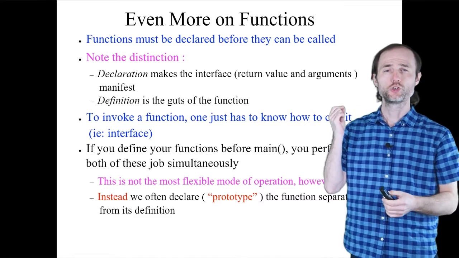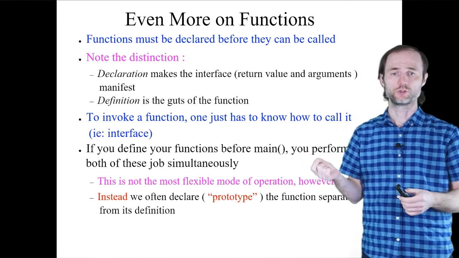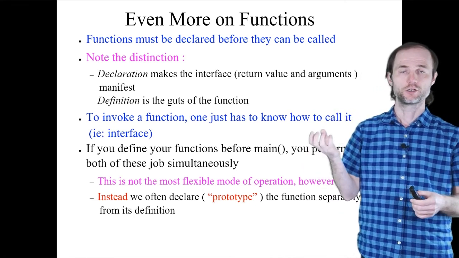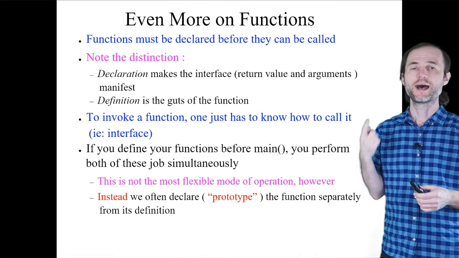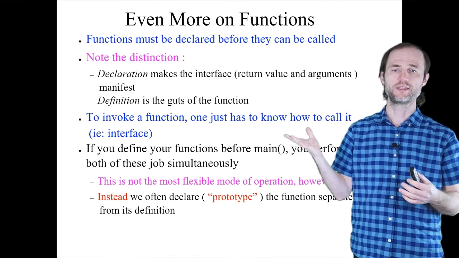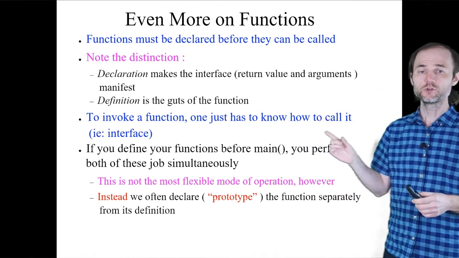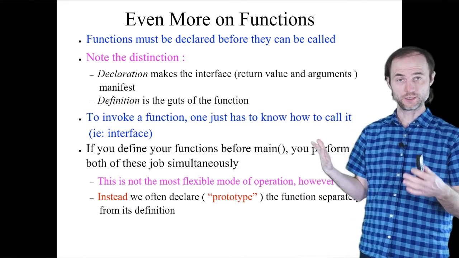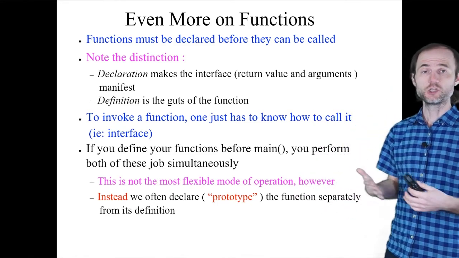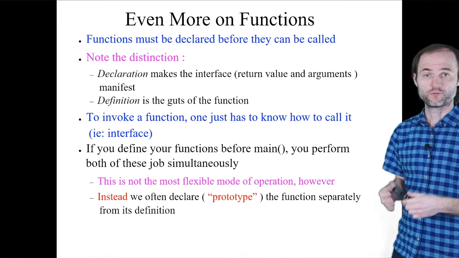In order to run the function, to make a call to the function, the compiler needs to be taught how to call the function, to be given that interface. And so if you define your function before main, where you call it from, then you don't need to provide a declaration.